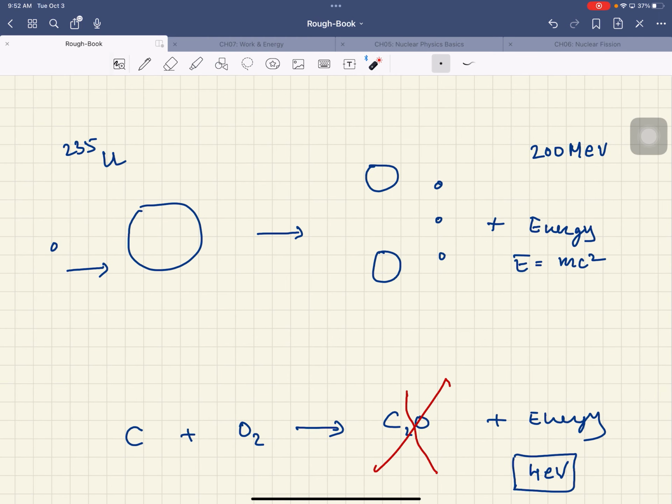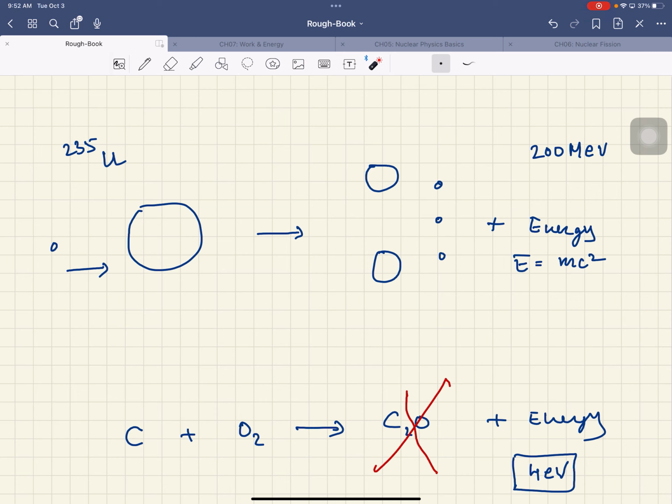All right, so now let's build up. You take a uranium-235 nucleus, shoot a neutron, the neutron gets absorbed, it becomes unstable, it breaks up into two pieces, and then splits out 3 neutrons. All these things weigh less than the original, and that missing mass is converted to energy.